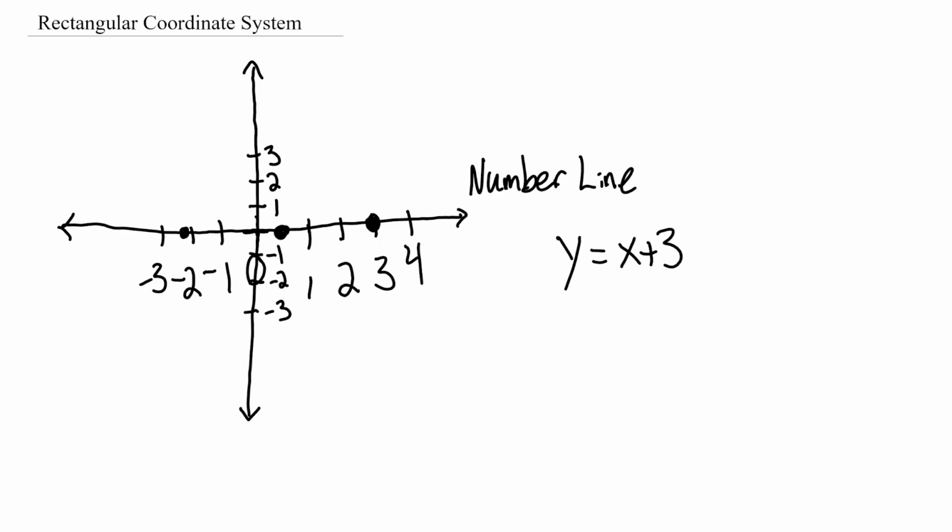Notice the arrows on the end of these lines, by the way. This represents that it goes on to infinity, right? So there's no end to these number lines. You could have 10,000, a million, negative a billion, whatever you want on these number lines. They're not cut off anywhere.